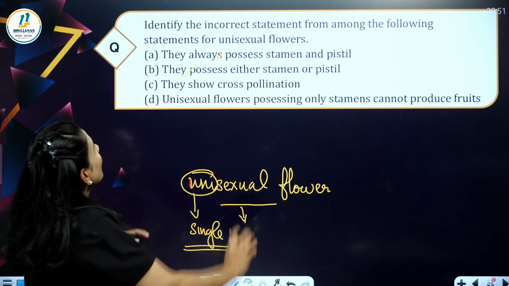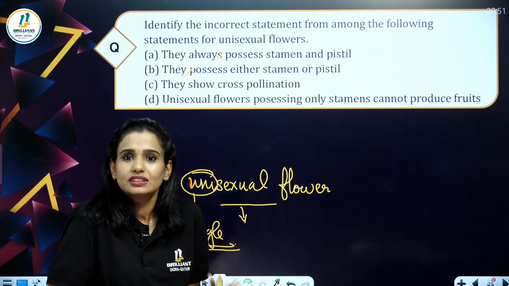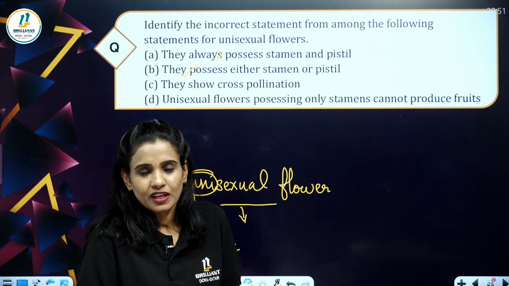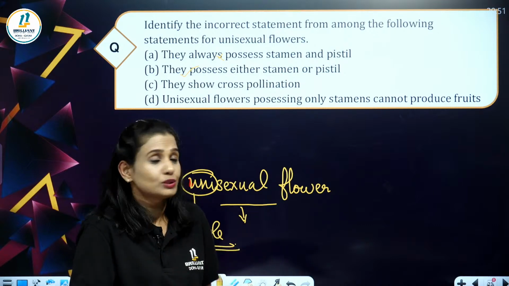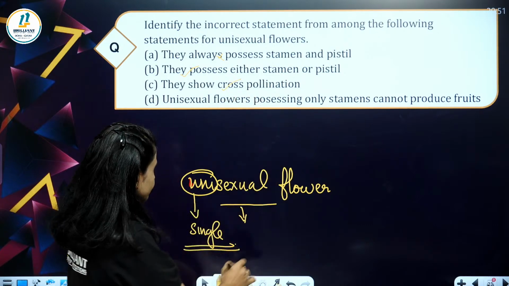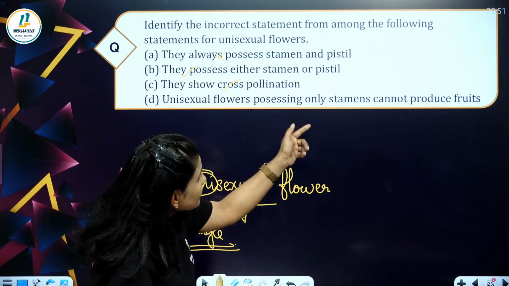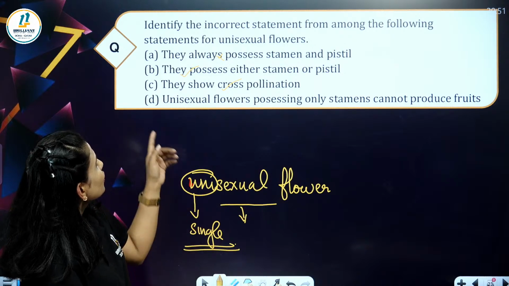They show cross-pollination. Of course, they show cross-pollination, the pollination among different flowers. Unisexual flowers possessing only stamen cannot produce fruits.